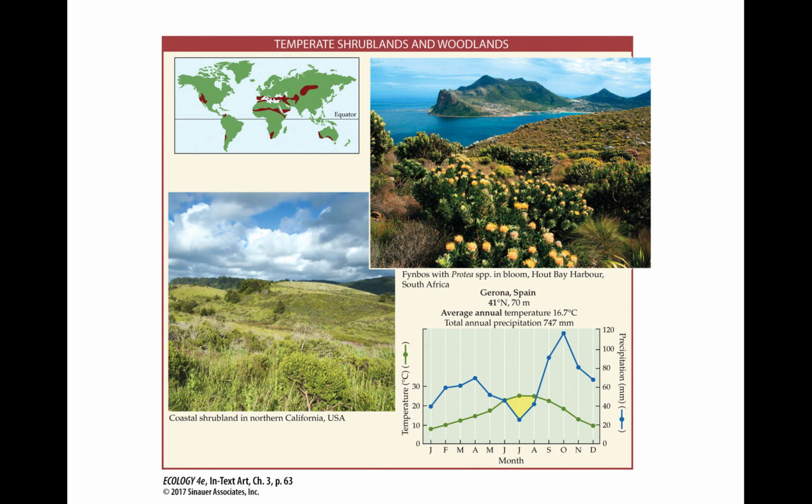This is one that was not introduced to you in the first video, so I wanted to make sure that you recognized this climate diagram. There is an area where precipitation drops below temperature, and so here you do not have sufficient water for plants. Temperate shrublands and woodlands are also known as chaparral environments or a Mediterranean climate.